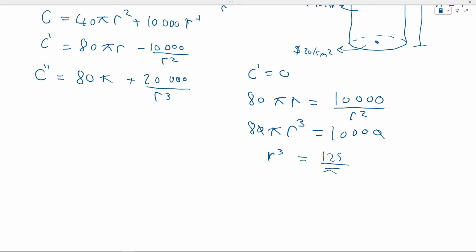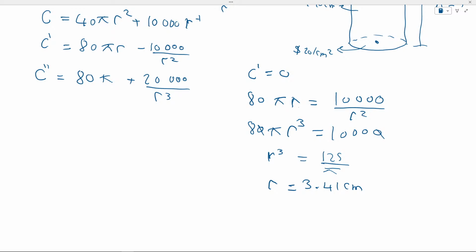You can use your calculator, or you can do whatever. So r would be equal to 5 over the cubic root of pi, but it's just easier to use the calculator. If you use the calculator, r, not r cubed, would be equal to 3.41 centimeters.